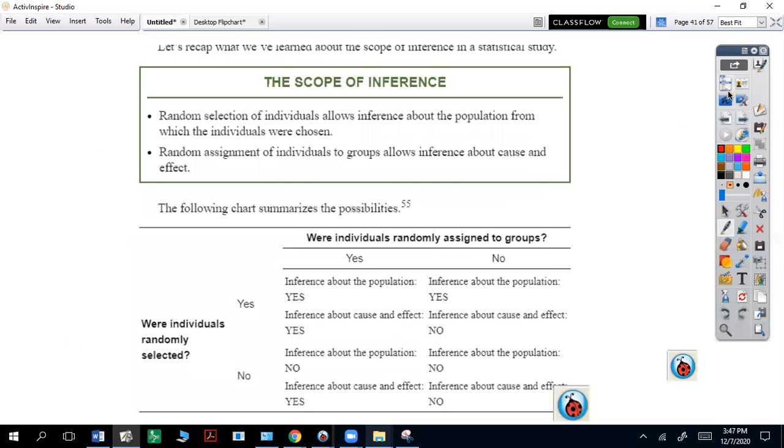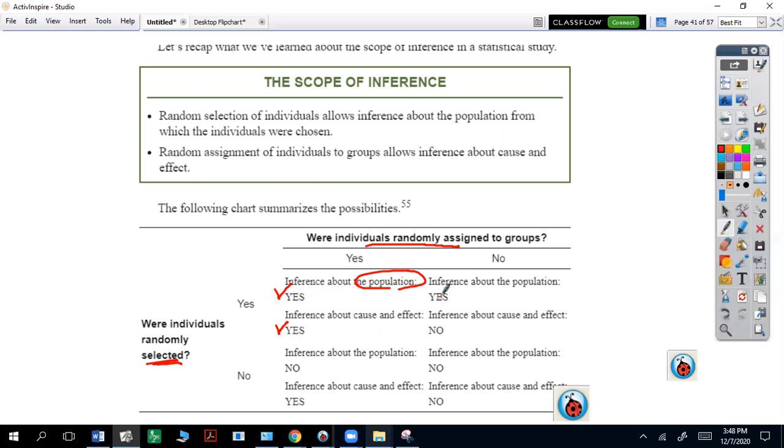And then finally, we can use random assignment and random selection to make inference about a population or cause and effect. So if you have random assignment, then you can infer about cause and effect. But if you have random selection, then you can also infer about a population. If you select from a population, you can infer about that.